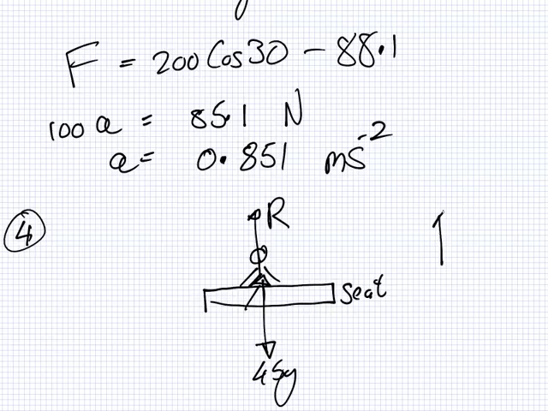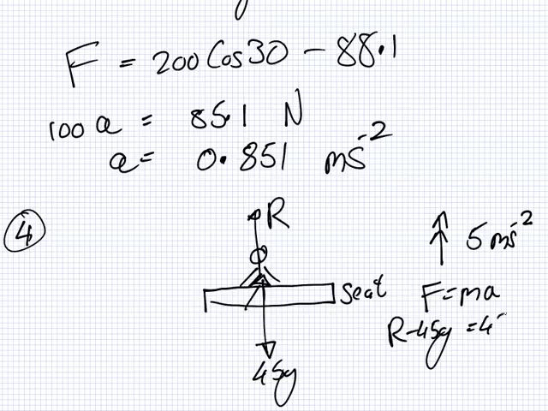But we know that she's accelerating upwards with 5 meters per second squared. So if I use F equals ma, I get R minus 45g equals 45 times 5. So I have my R: 666.45. So triple six.